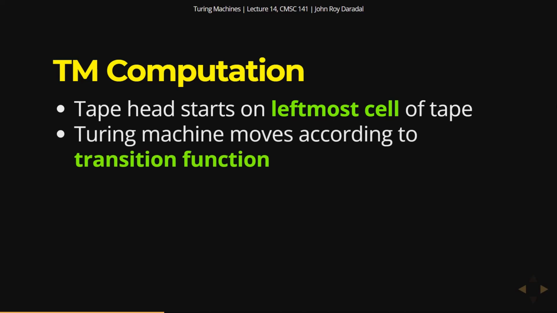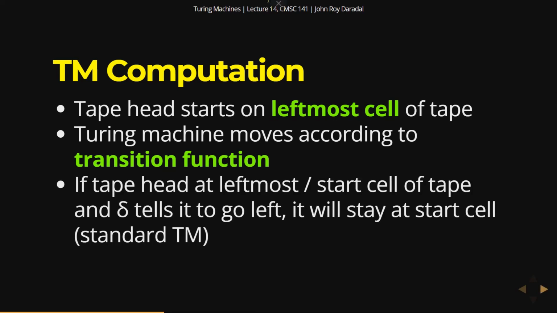And then the Turing machine will move according to the transition function. So just follow the transition function. You change the state, you change the tape symbol, you move the tape head, and so on. Now, if the tape head is at the leftmost or start cell of the tape, and the transition function tells it to go left, there's nowhere to go, right? It will just stay at the start cell.